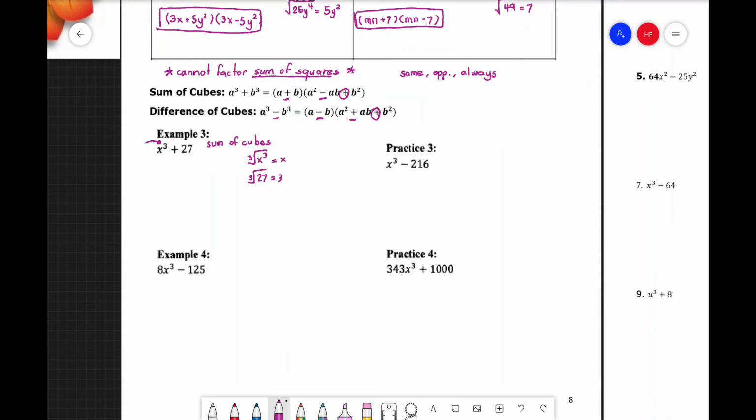So we have x and 3 as my a and my b. Then I'll plug those into the formula. Same sign, x plus 3, square the first term, x squared, opposite sign, squish them together, 3x, and then always square the last term, 9.